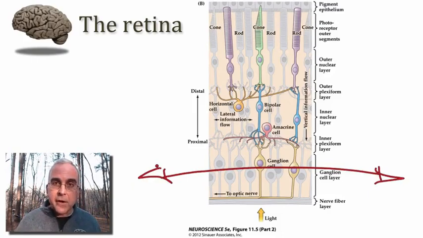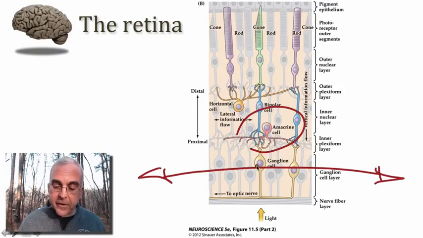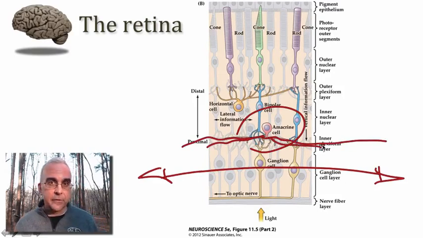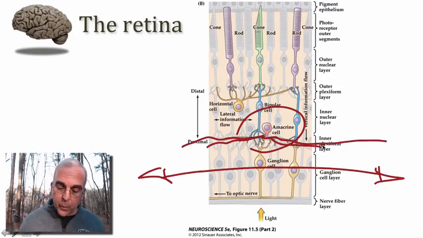Well, the ganglion cells receive direct input from the bipolar cells. They also receive indirect input from the amacrine cells. And the amacrine cells, like the horizontal cells, give rise to horizontal connections that extend some distance across what's called the inner plexiform layer of the retina.